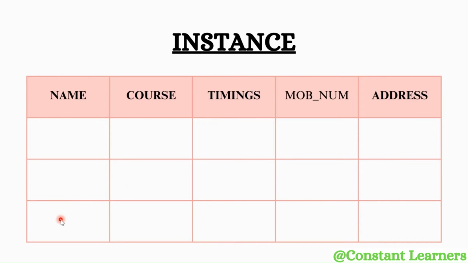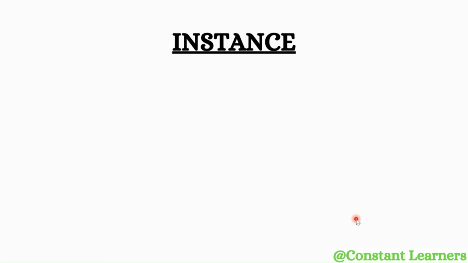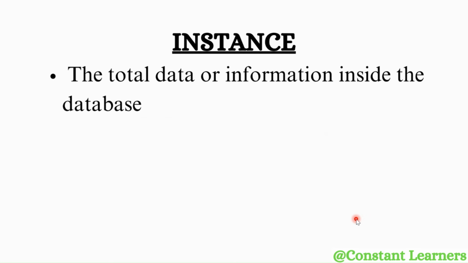So this data or the information inside the table may change every day, every hour, or even every minute, depending upon the number of students enrolling in the batch, right? So, this data or information in the database at any given moment is known as an instance, all right? Instance is the total data or information inside the database at a particular time, all right?